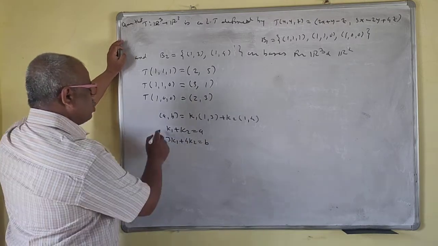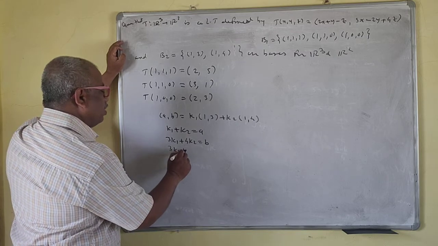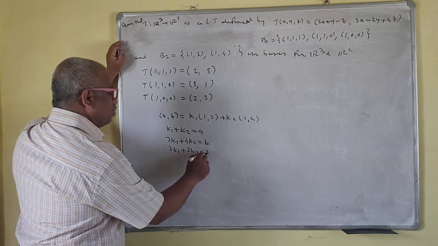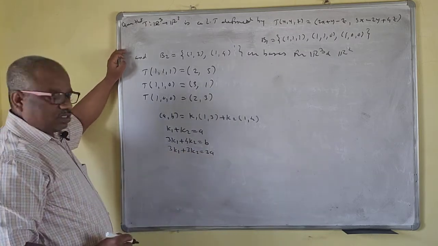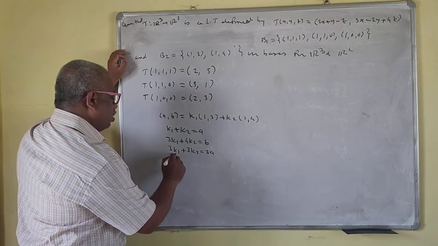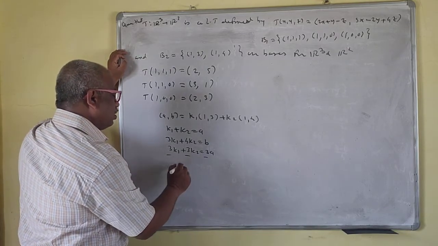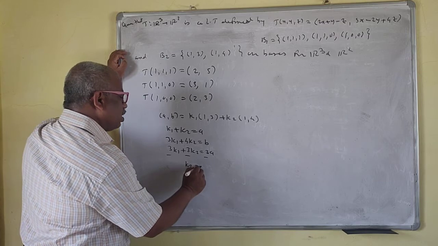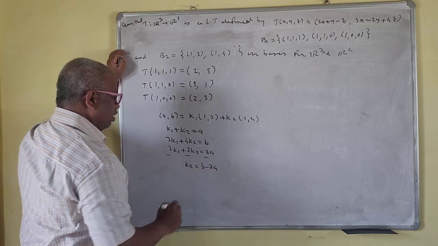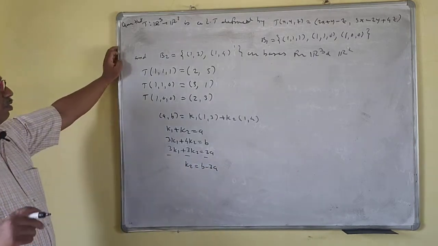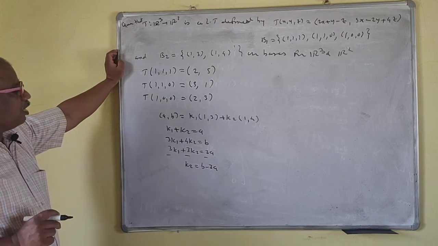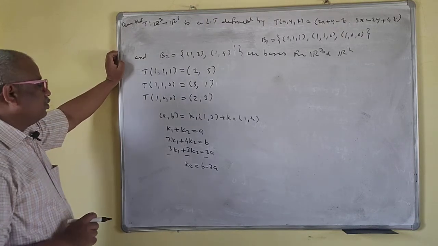I will multiply the first by 3: 3K1 plus 3K2 is equal to 3a. Subtracting, K2 is equal to b minus 3a.